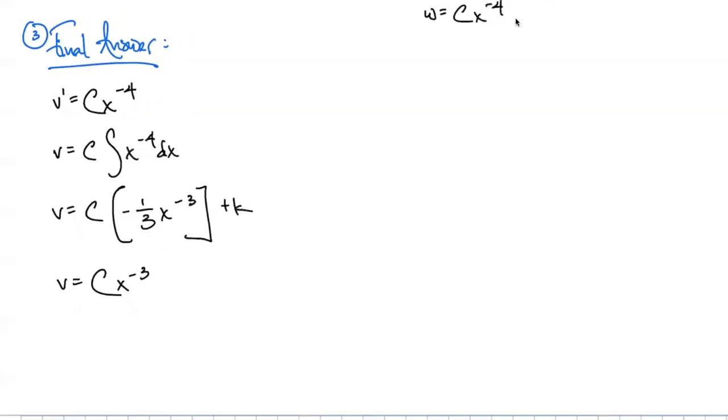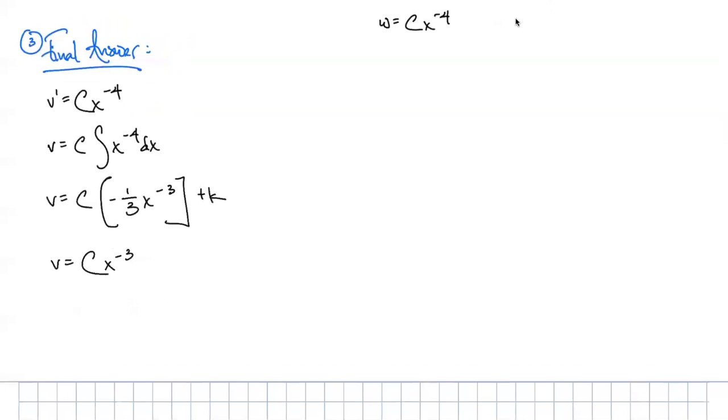Okay, so we found our V, but how do we find our Y? Well, Y2 was V times Y1. So V, we'll just grab the function part because we're going to roll all those constants in at the end anyway, times x, which gives us x to the negative 2.